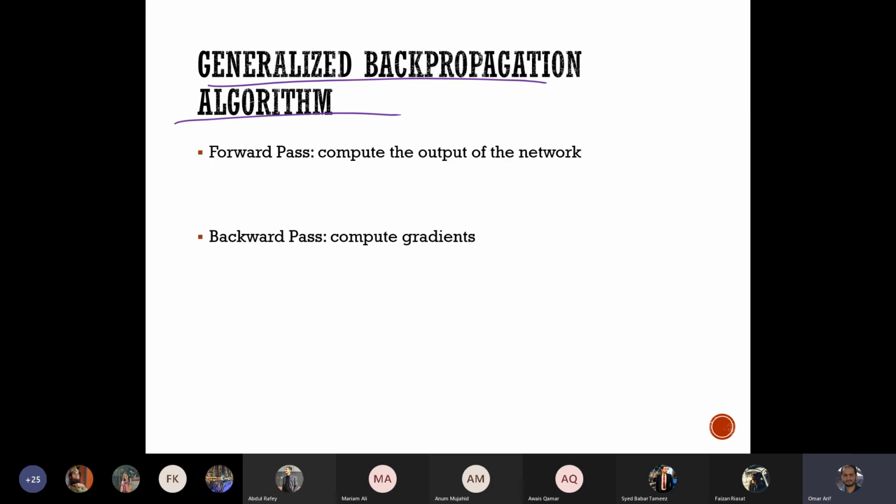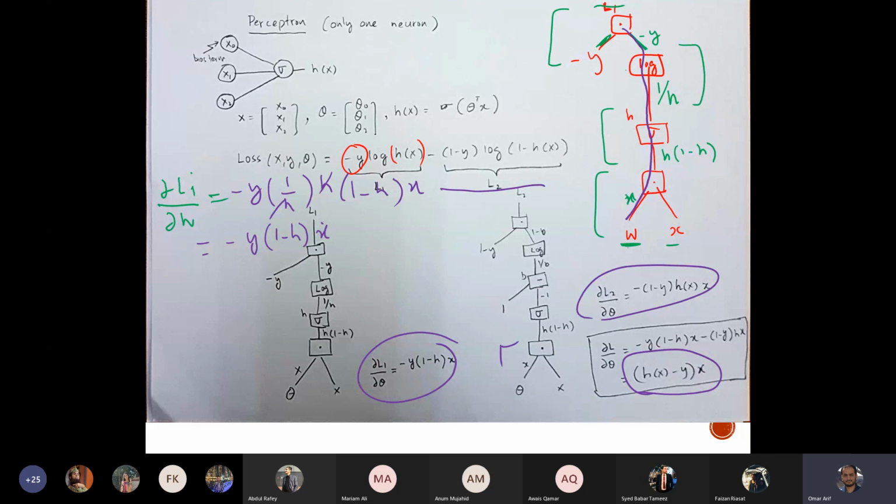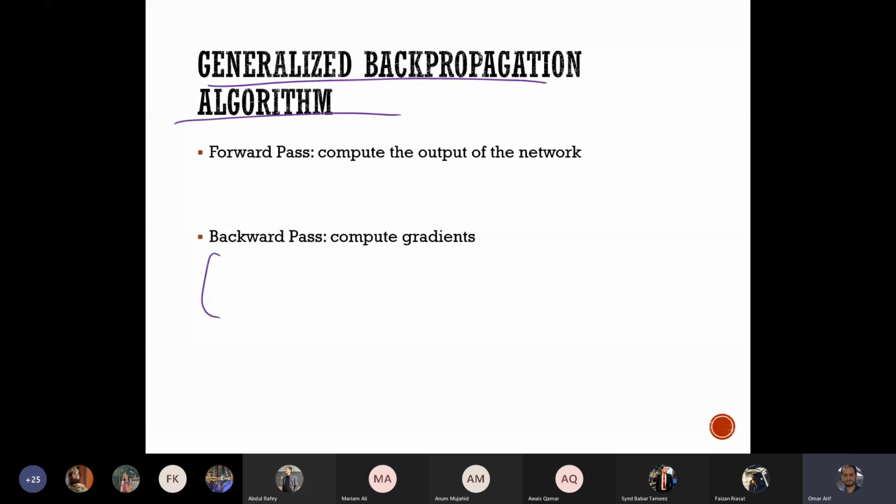You use those weights to compute the output. And then you do the backward pass, which is going to compute the gradients, because backward pass simply means that you multiply all these derivatives to get the gradient. Once you do that, then you perform the step, which is simply to update your parameters using the derivatives wj.